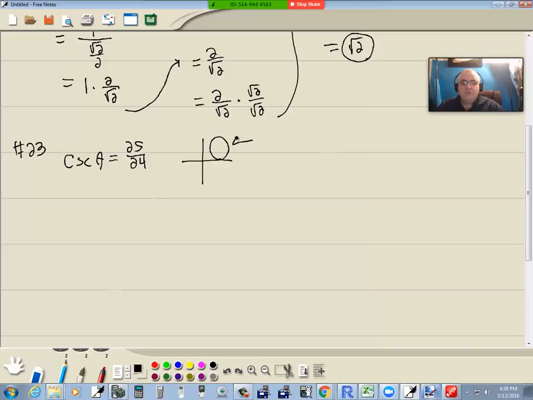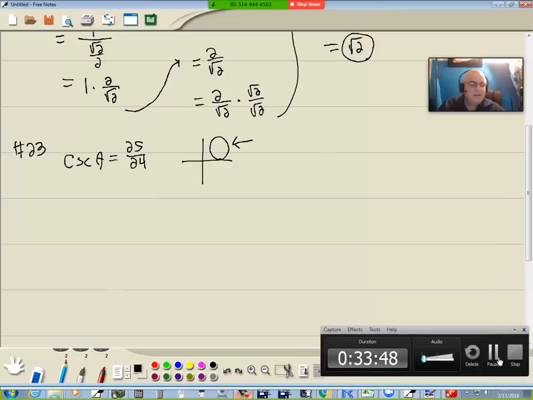Now everything in quadrant 1 is positive, so that'll work out well. Pause the recording just for a second.